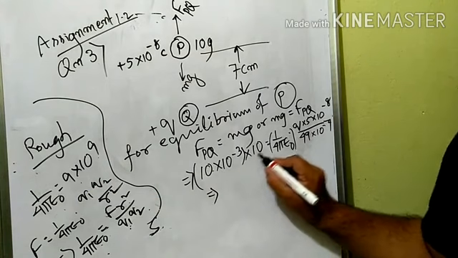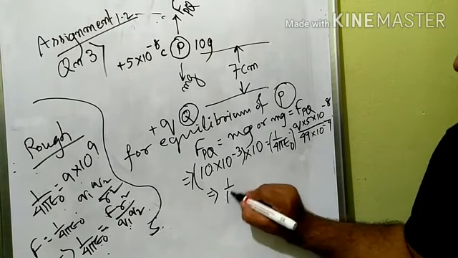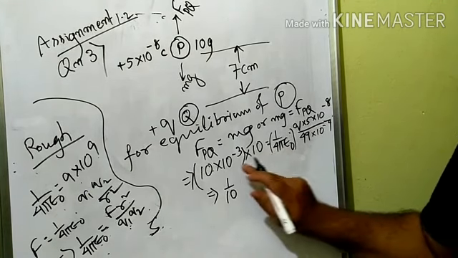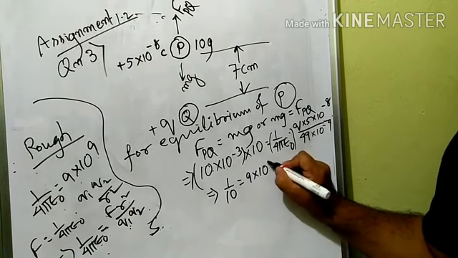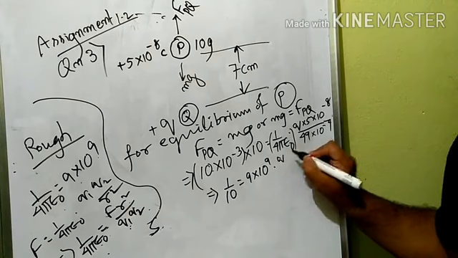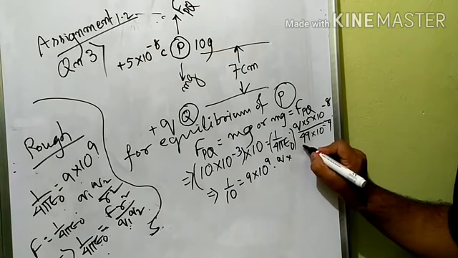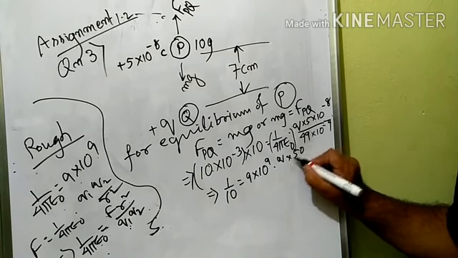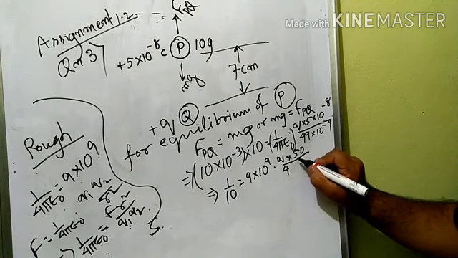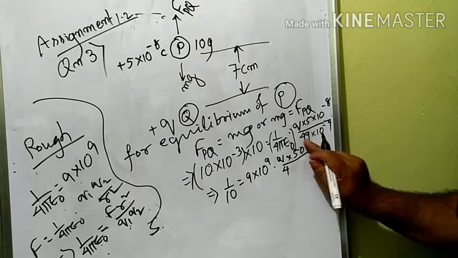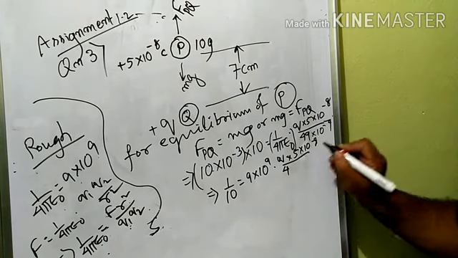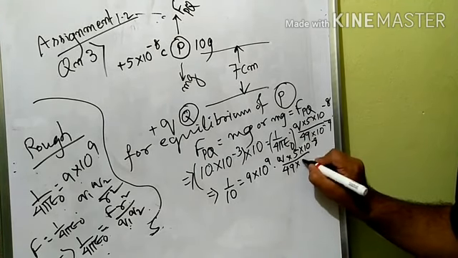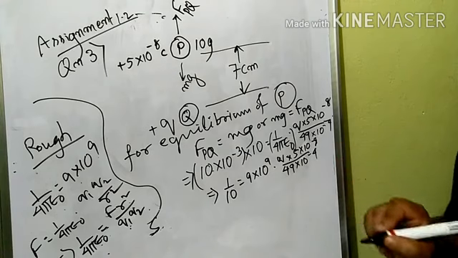So this is how this becomes 1 by 10, right? 10 to the power minus 3 is 1 by 1000, 100 by 1000, 1 by 10 is equal to 9 into 10 to the power 9 into 5 into 10 to the power minus 8 divided by 49 into 10 to the power minus 4.